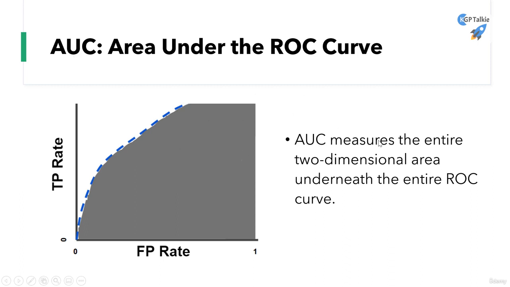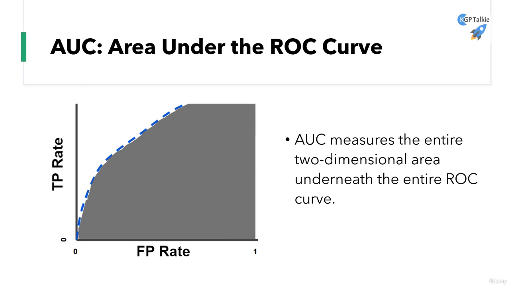So this AUC measures the entire two-dimensional area underneath the entire ROC curve, and it provides an aggregate measure of performance across all possible classification thresholds, and it is a very excellent tool for model evaluation for an unbalanced dataset.